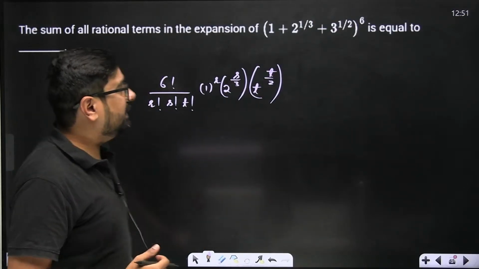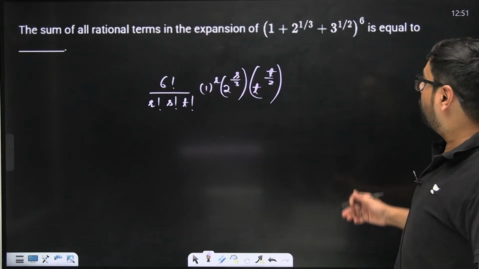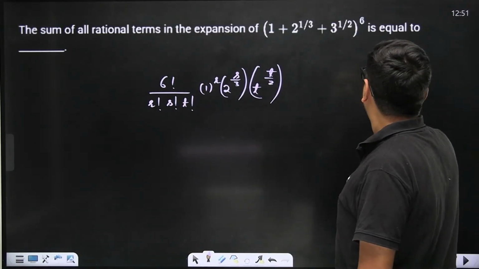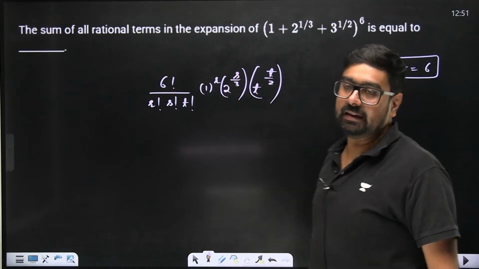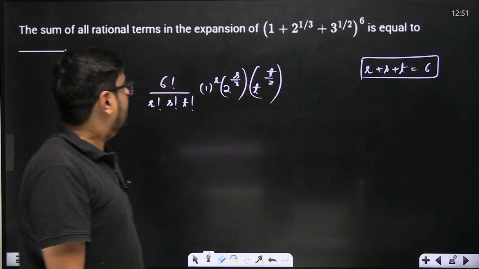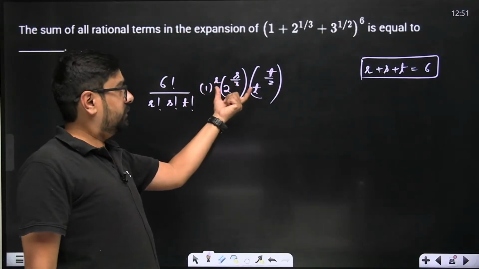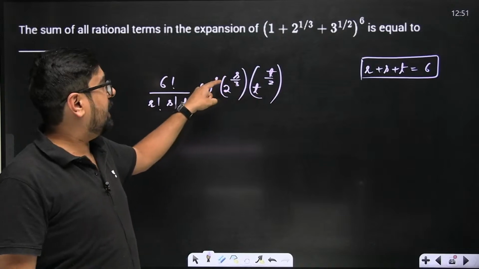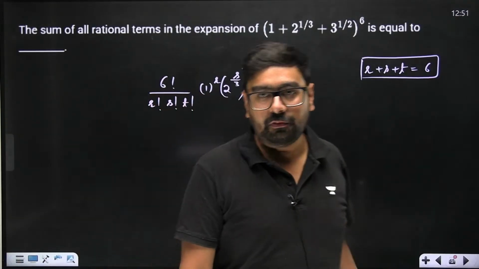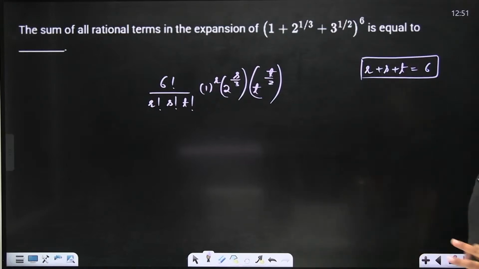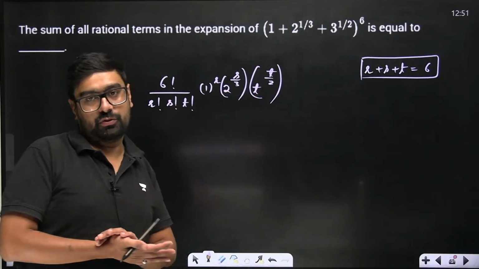Now we want rational terms. So we know that r + s + t should be equal to 6 first of all. And now for rational terms, s should be a multiple of 3 and t should be a multiple of 2. Correct? So you'll have to derive all the scenarios in which this can happen.